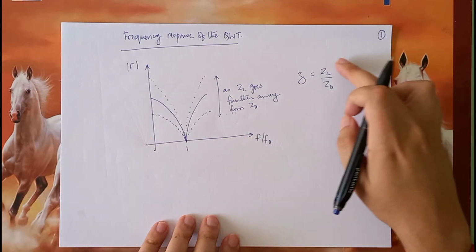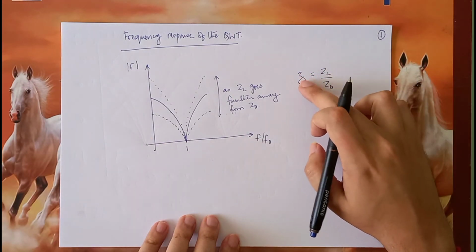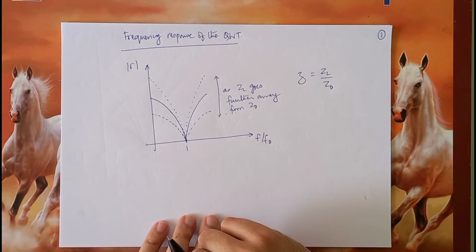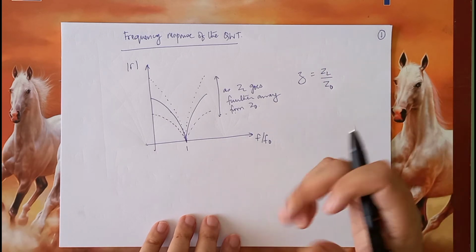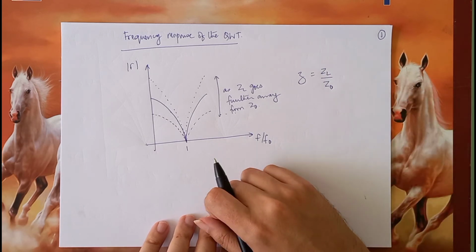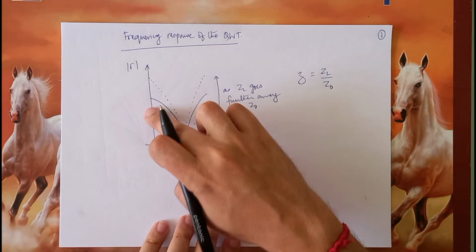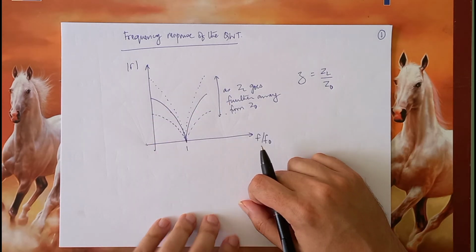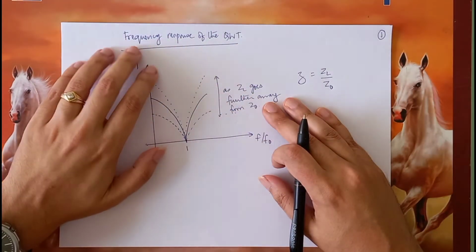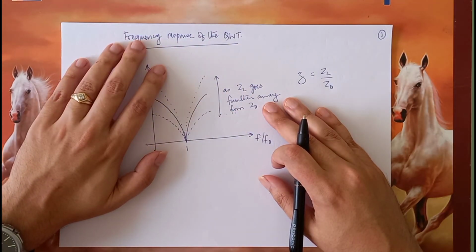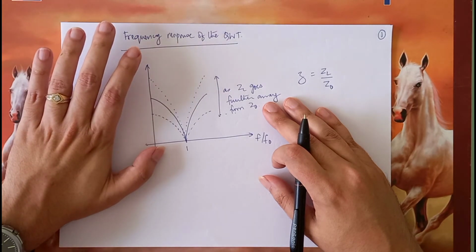In other words, what we saw was that as the value of small z comes closer and closer to 1, that is, the load impedance becomes closer in value to the characteristic impedance, the maxima essentially comes down, and what it indicates is that the QWT is able to provide a better impedance matching.